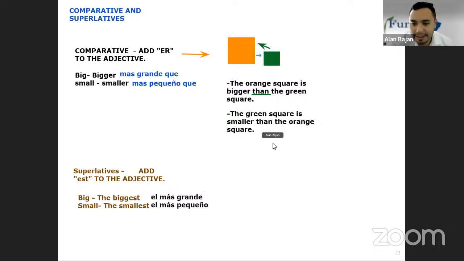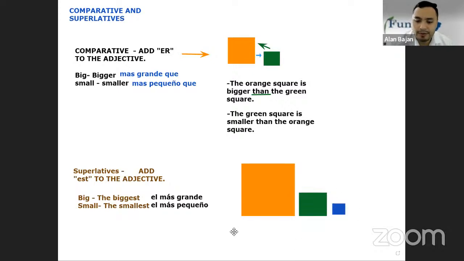For example, again, I will have an orange square. I will add a green square and I will add a blue square. So what I'm going to do is compare one object to the rest of the objects here, which is the orange one.